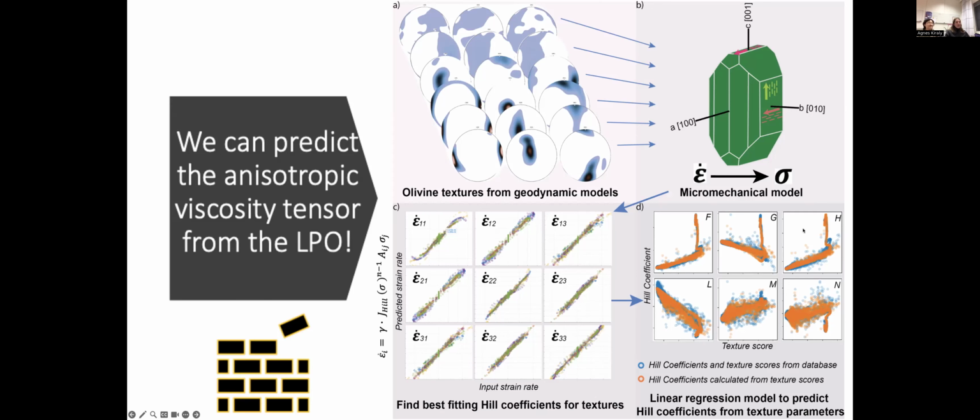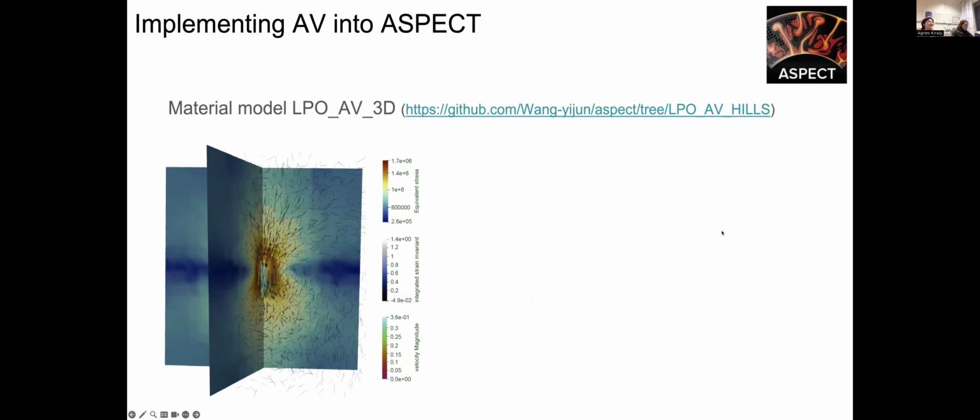And then now I give the word to Yijun. Yeah, so how we are trying to implement anisotropic viscosity into ASPECT is that we are creating this material model called LPO-AB3D into ASPECT. And this is currently just in my branch and it's not in the main ASPECT yet. What we do is that we track the olivine texture LPO on the particles.